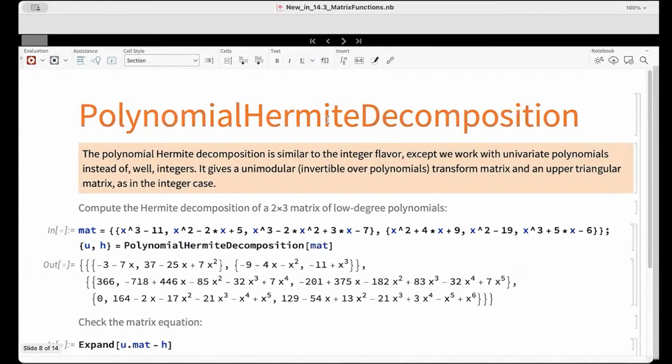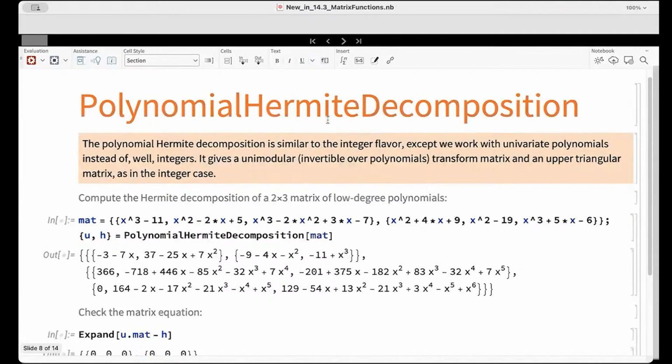The polynomial Hermite decomposition is the same as the ordinary Hermite decomposition in a sense, except the ordinary one works with integer matrices, whereas this works with matrices that have polynomial entries in one variable. And the idea is similar.